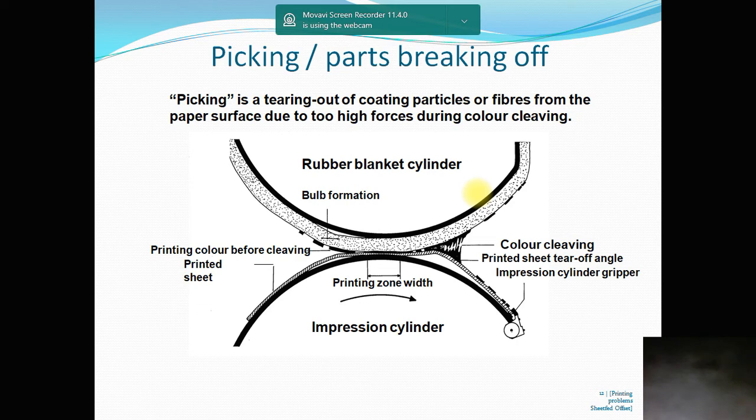What is the meaning of picking? Actually, we know the literal English meaning of picking. The same thing happens here also. If the surface of the sheet is very weak, the ink which is transferred from the blanket cylinder may pick the surface of the sheet sometimes, or if the tackiness of the ink is increased due to some reasons, the ink will become very highly tacky and it takes away or picks away the upper portion of the substance.